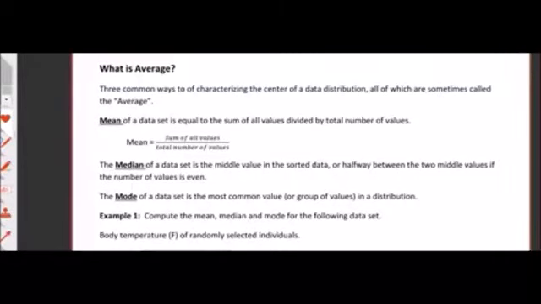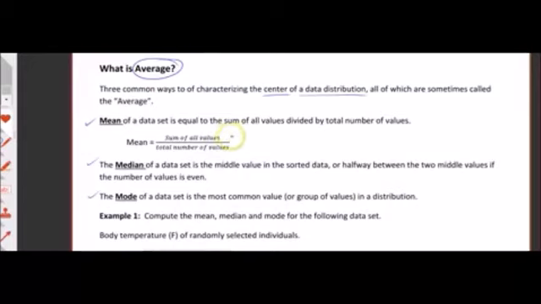So the three common ways of calculating an average, which I'm sure you heard of, are the mean, the median, and the mode. All three of these are actually called averages. And another way for an average, or a description of an average, is we're looking for the center of a data distribution.